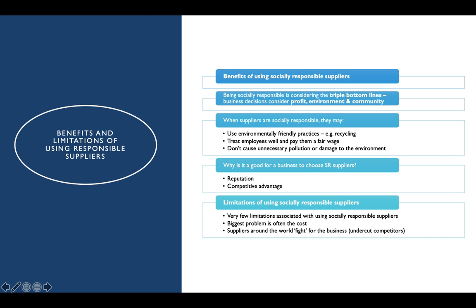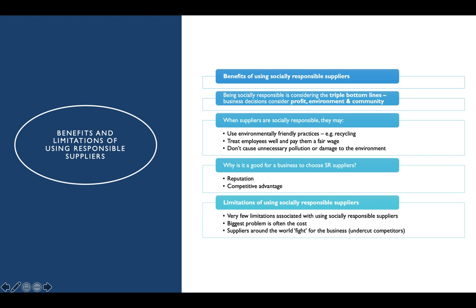When suppliers are being responsible, that may mean that they are going to use environmentally friendly practices. So that may be recycled packaging, sustainable materials. They're going to treat employees well and pay them a fair wage. Just remember, okay, with paying them a fair wage, that means above the legal requirements. Okay, so going above and beyond the legal requirements.